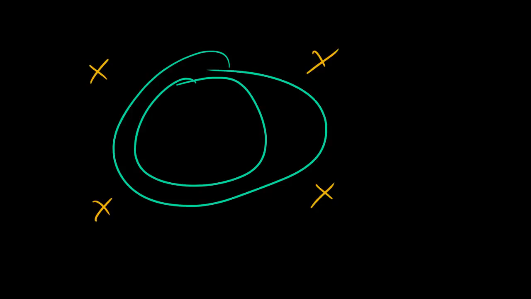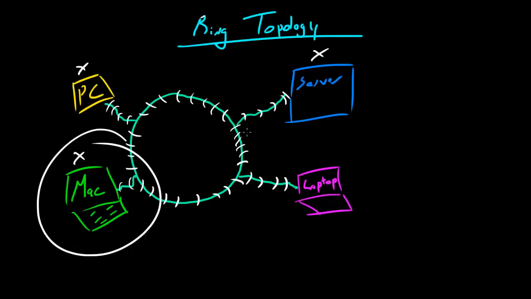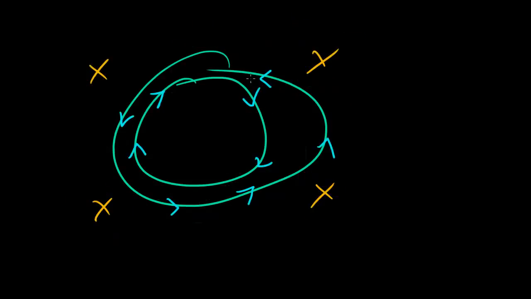The way that these are typically built is you set up two rings where the data flows in this direction on one of the rings and in the opposite direction on the other ring. So we call both of these ring topologies, even though this one is a very simplistic ring network, and this one right here is a more common one where they have two rings and the data can flow in opposite directions.